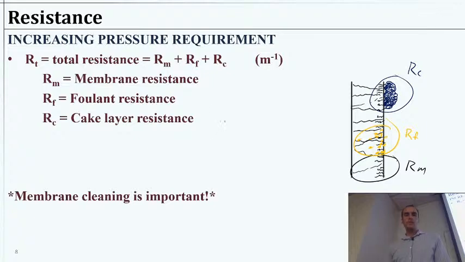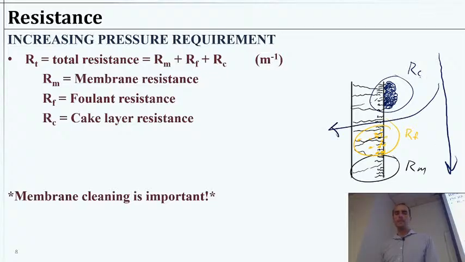So if we form a bunch of stuck particles on the surface to the point where they're building up a cake, and by the way, the water would be flowing something like this, where it's trying to go across the membrane. So this would be the QF, this would be the QP, and Q retentate.